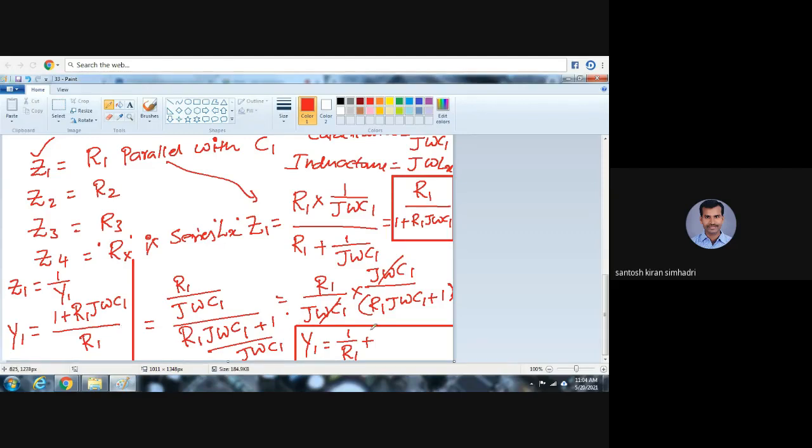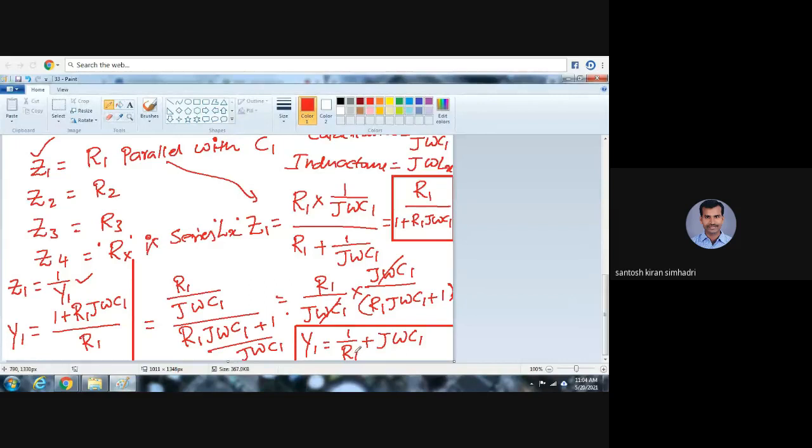R1 gets cancelled. J omega C1. This is the final expression for admittance. Z1 is the impedance, 1 by Y1 is the admittance, then final Y1 equal to 1 by R1 plus J omega C1.